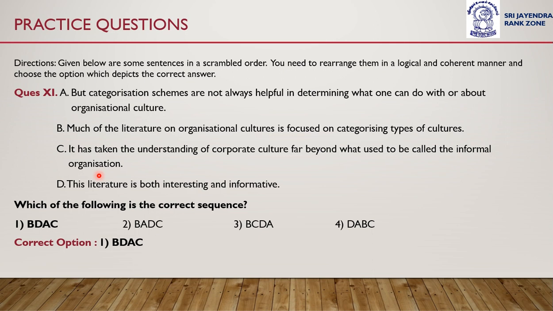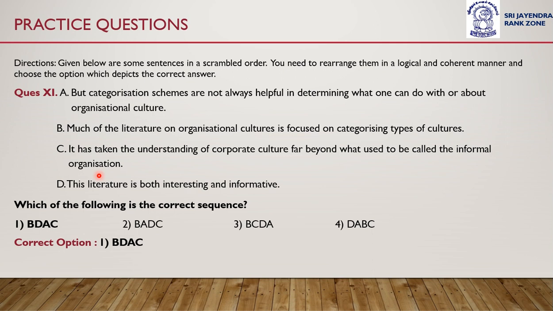So the correct sequence we have found is BDAC. How? B is introducing something about literature and organizational culture, and it is being continued by the D statement, which tells us that the literature associated with B is both interesting and informative.